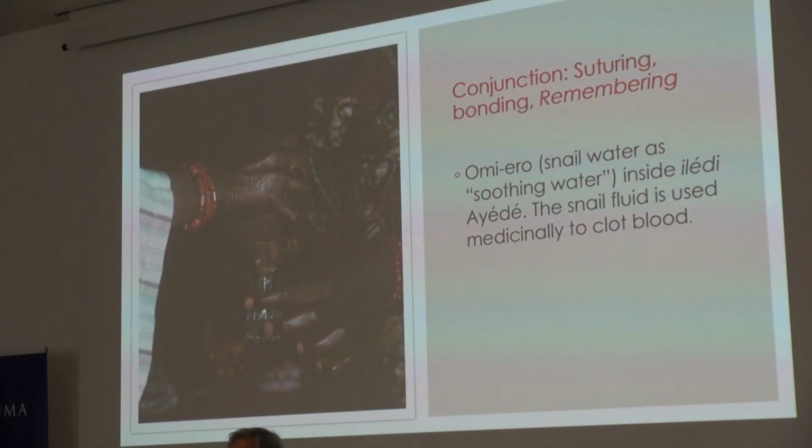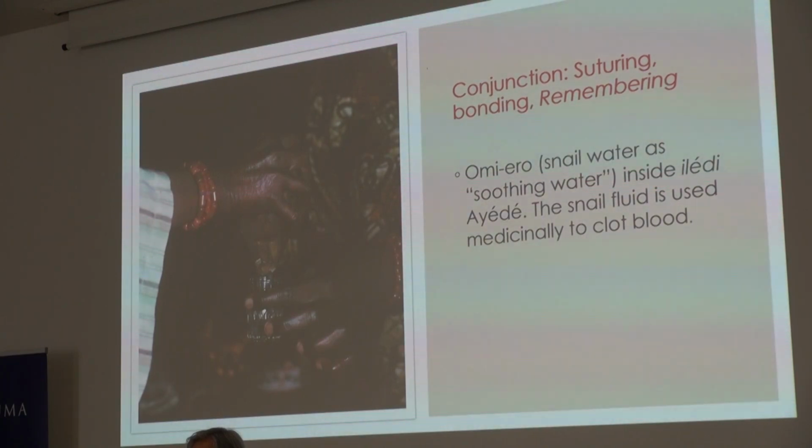Now here's a conjunction, suturing, bonding, remembering. This is one of the purest expressions I think I have on film of a revitalizing fluid, of something that is about as opposite of hot as you can get. It's called omiero, softening water, smoothing water, soothing water.